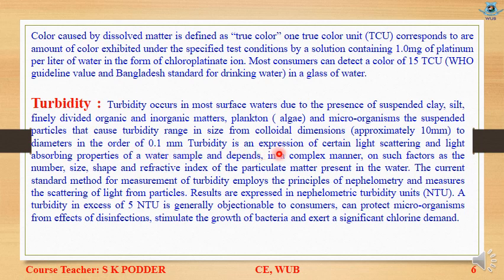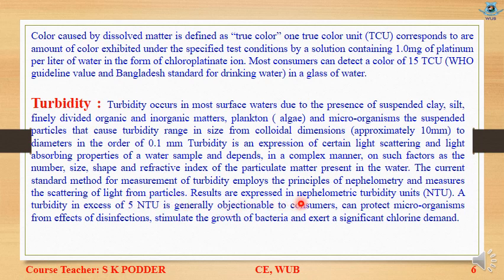Turbidity is an expression of certain light scattering and light absorbing properties of a water sample and depends in a complex manner on several factors. The standard method for measurement of turbidity employs the principle of nephelometry and measures the scattering of light from particles.